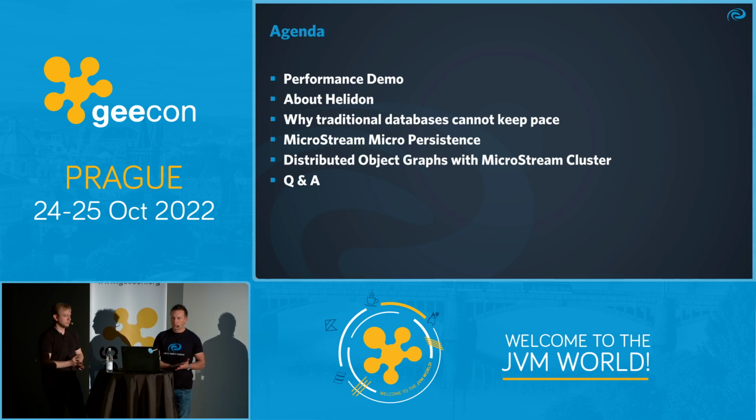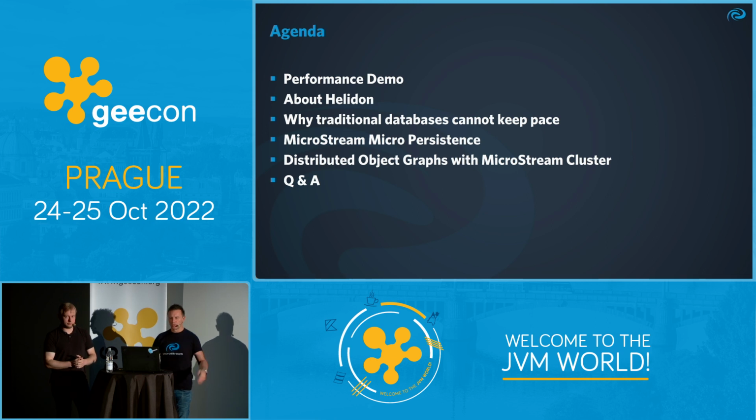First of all, I'd like to show you a demo. Then we talk about what actually Helidon is. Then I'd like to talk a little bit about why traditional databases are challenging in terms of performance, and how the functional principle of MicroStream works.